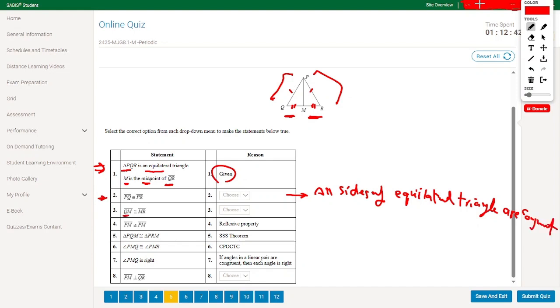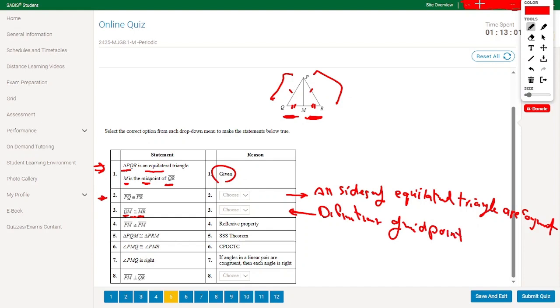And here QM congruent to MR, they are equal. So this is the definition of the midpoint.